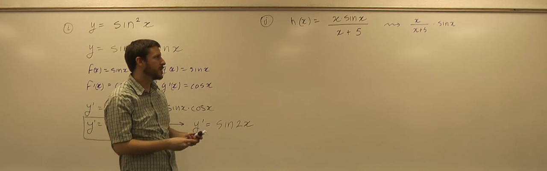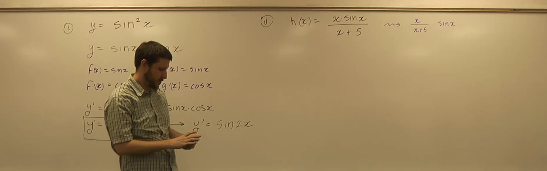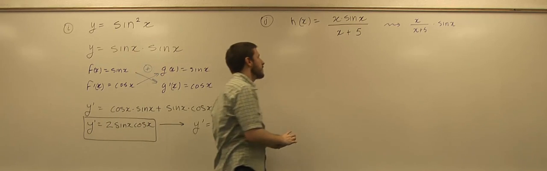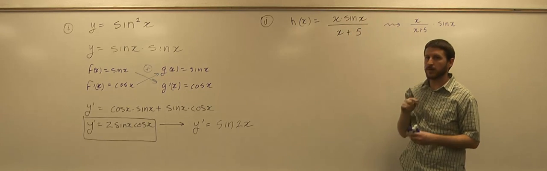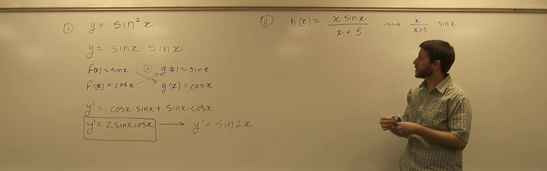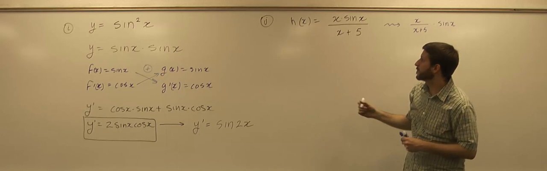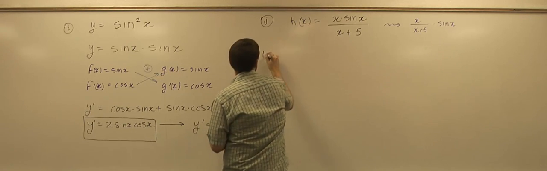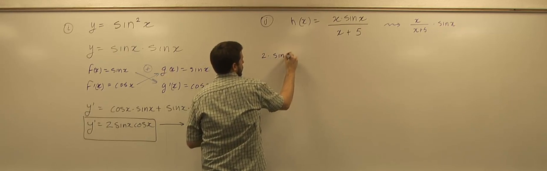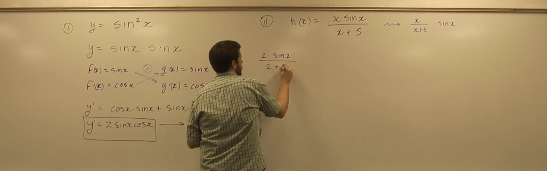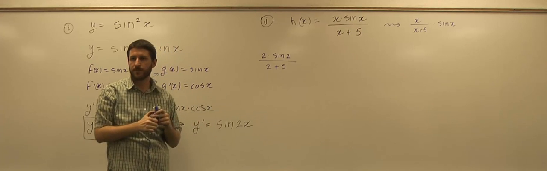Do you know what I mean by outermost operation? If I plugged in pi over 2 or something, what's the first operation you would do?